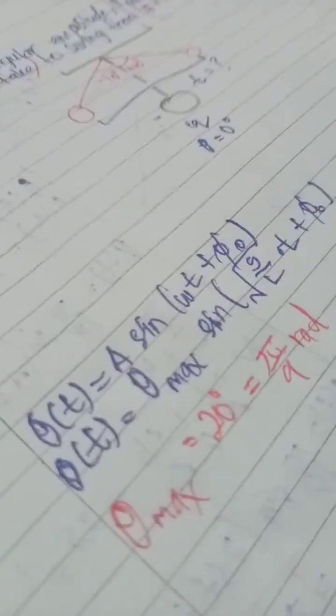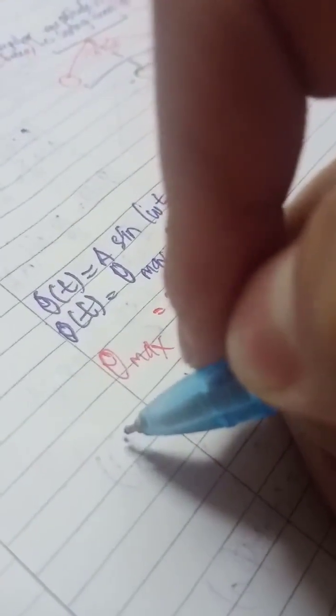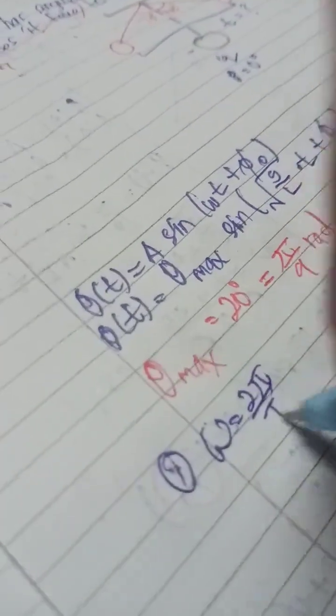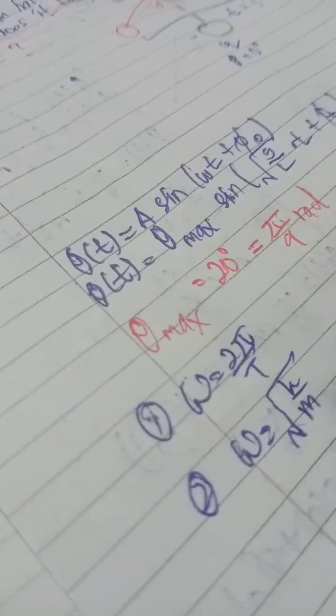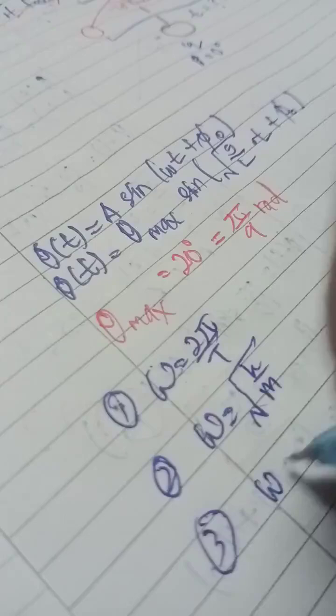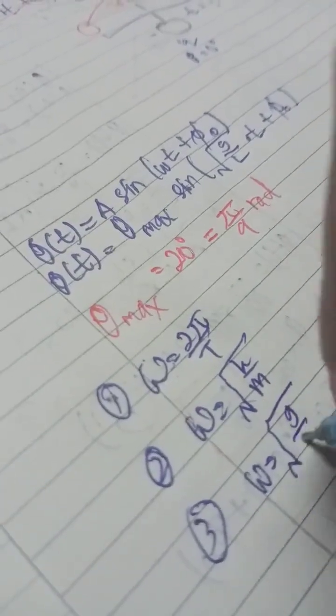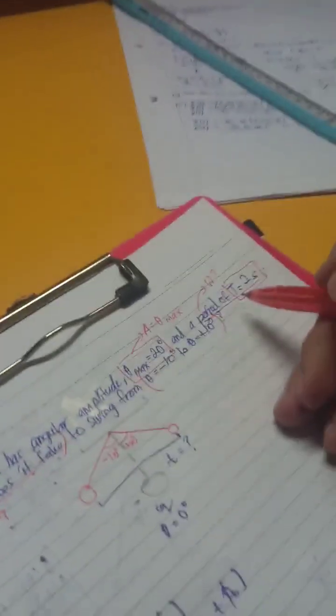We have three ways to find omega. The first one is omega is equal to 2 pi over T. The second one is omega is equal to the square root of k over m, and the third one is omega is equal to the square root of g over L. In this question, we know that the period is equal to 2 seconds, so we can use the first equation to find omega.